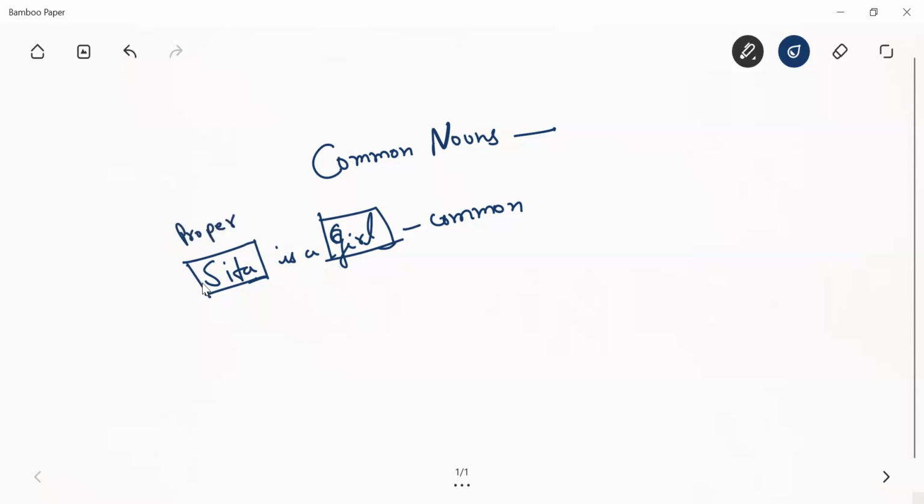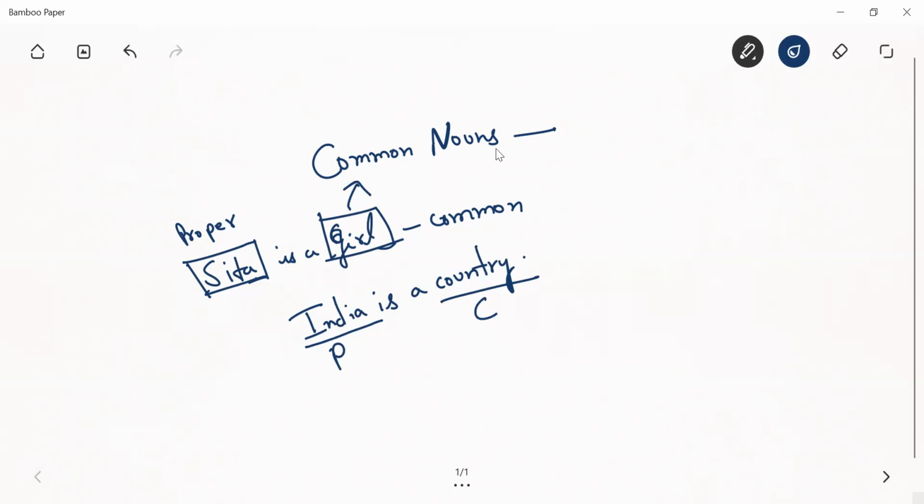Here in this sentence, girl is a common noun. If we say India is a country, tell me the proper noun and common noun in this sentence. The proper noun is India and the common noun is country.